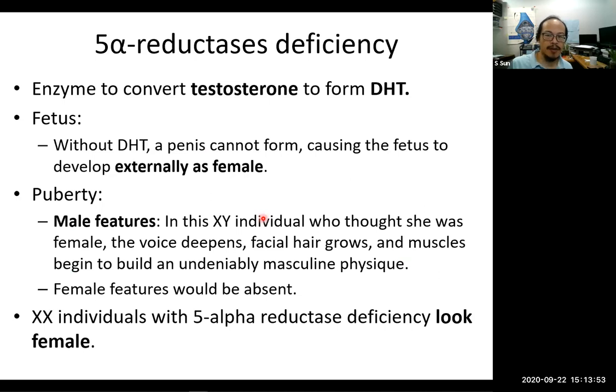Instead, they have everything like a male, except that external structure. This can be fixed by some surgery to recognize them as a male. If a female doesn't have the 5-alpha reductase, then that's okay. She will look like a female. But if it's a male, then this 5-alpha reductase deficiency is an issue. So that's that.